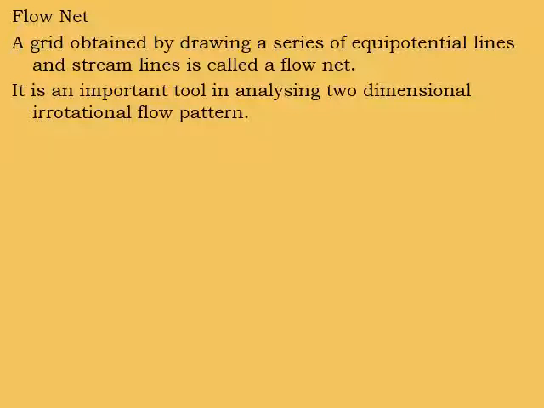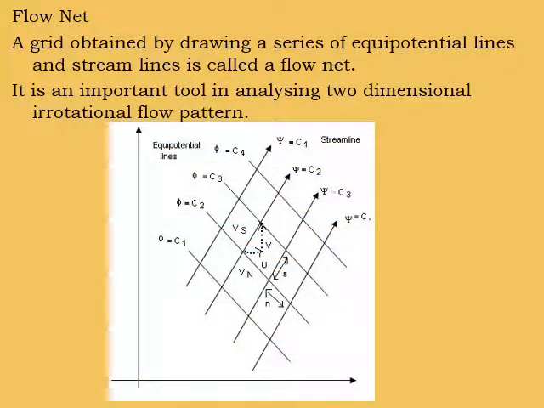It is an important tool in analyzing two-dimensional irrotational flow patterns. So this is a flow net. Here on this diagram we can see the series of equipotential lines as well as a series of streamlines, and the intersection is taking place at one point here.